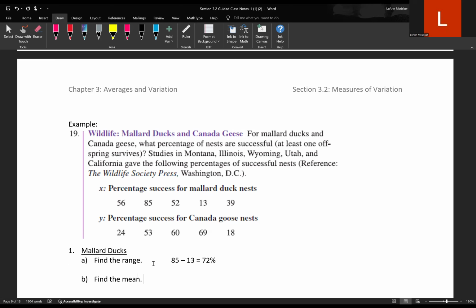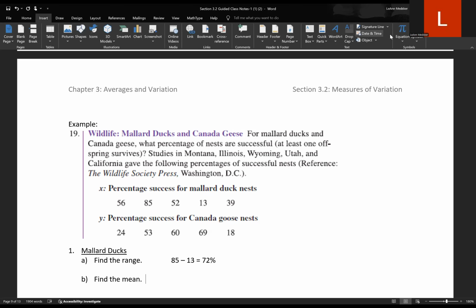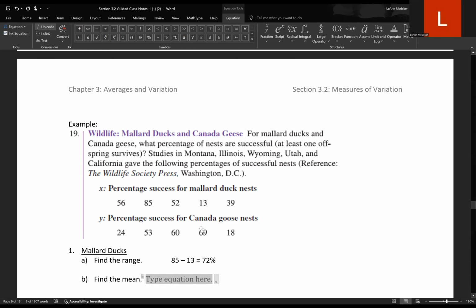Then we did the mean for the mallard ducks. So we'll write that formula in here again as well. We were adding all of the items from the ducks. So there were 5 different nest percentages that they came up with, from different areas: Montana, Illinois, Wyoming, Utah, and California. So those are the 5 locations they measured.